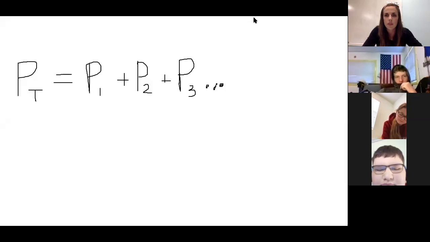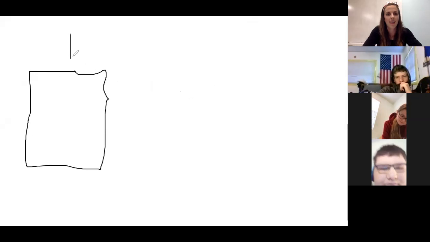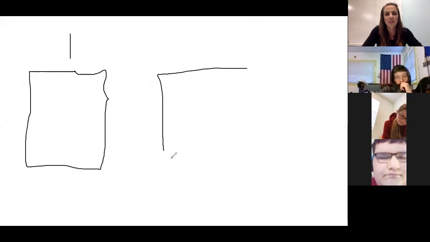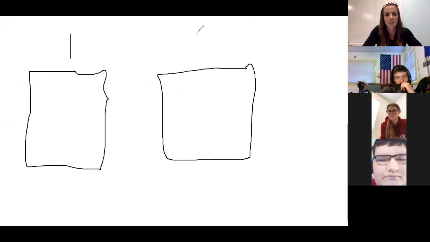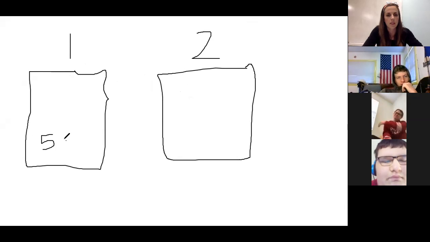Okay. So we have container 1, container 2. Each one has a pressure of 5 atmospheres.